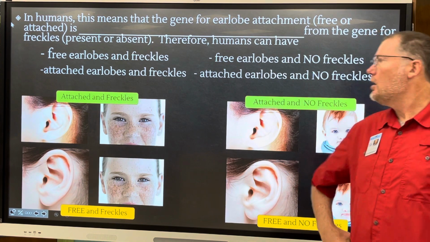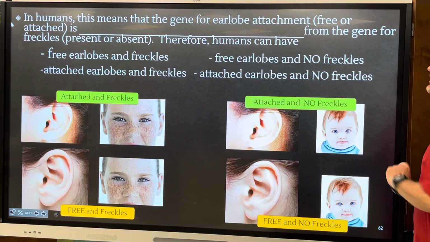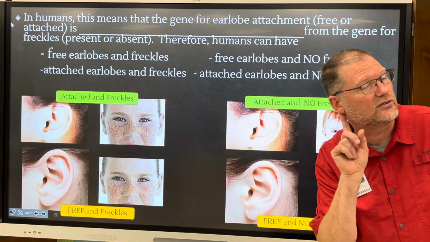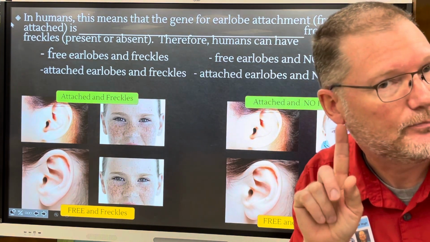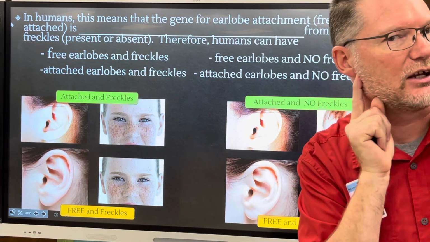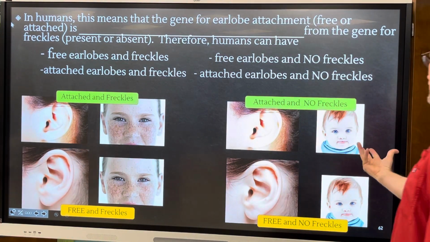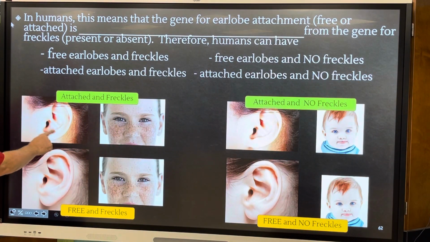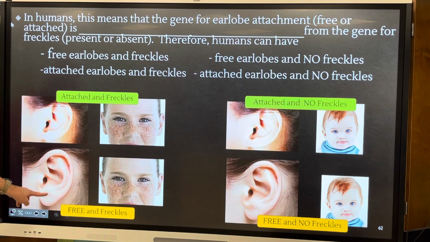That's funny. Okay, in humans, this means that the gene for earlobe attachment, free or attached, mine are, as you can see, free. Okay, they have a dip in them. Some people's are just attached, like right to the thing. I mean, this shows it right here. But so here you have attached, and it doesn't have too much of, and here's free. See how it curves up, and here it's attached?